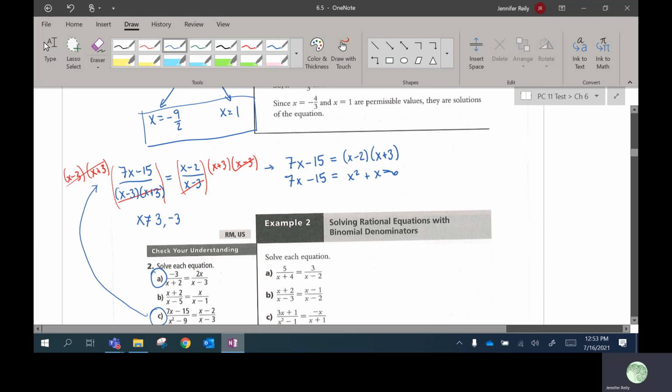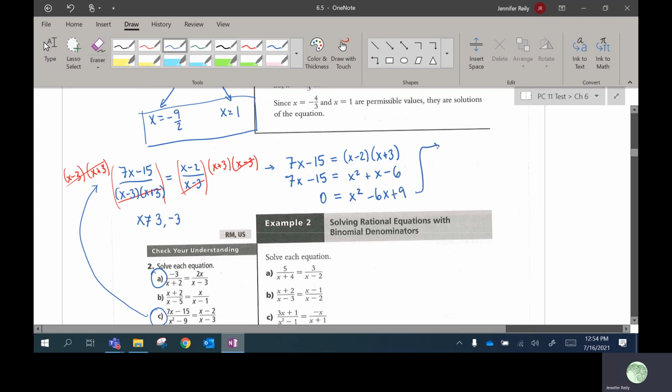Again, this is a quadratic equation, which you'll see a lot in this section. So you'll have to solve by factoring if you can. I'm going to move everything to one side. So we'll have minus 6x, plus 9. Negative 6 plus 15 is positive 9.